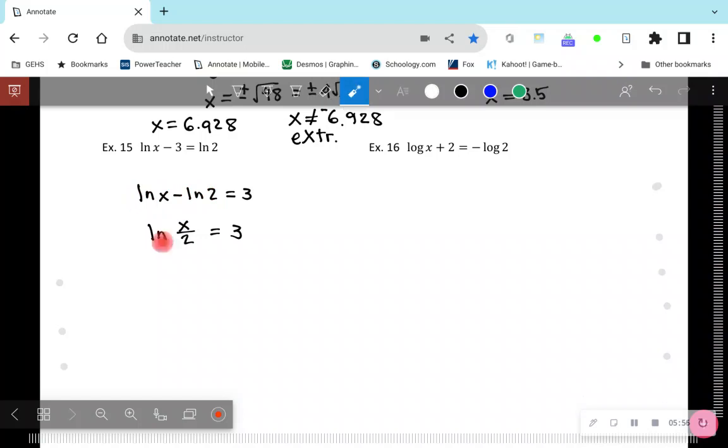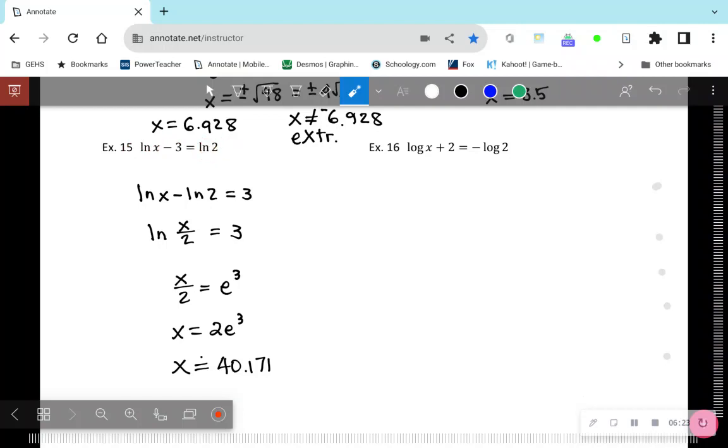And I'll take the base over here, it's e. E to the third power is x over 2. And you multiply both sides by 2, and convert to decimal using your calculator. And then you want to make sure you take that 40.171 and store it for x. Type this side, type the other side. Those amounts should equal each other.